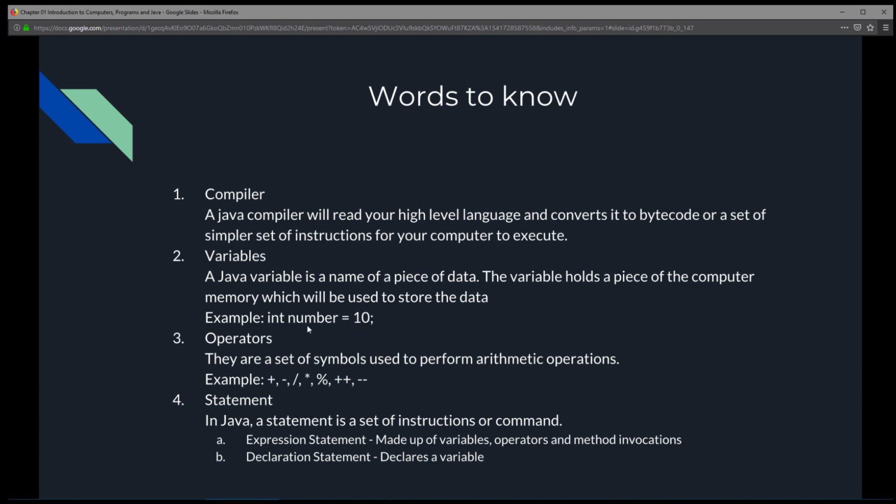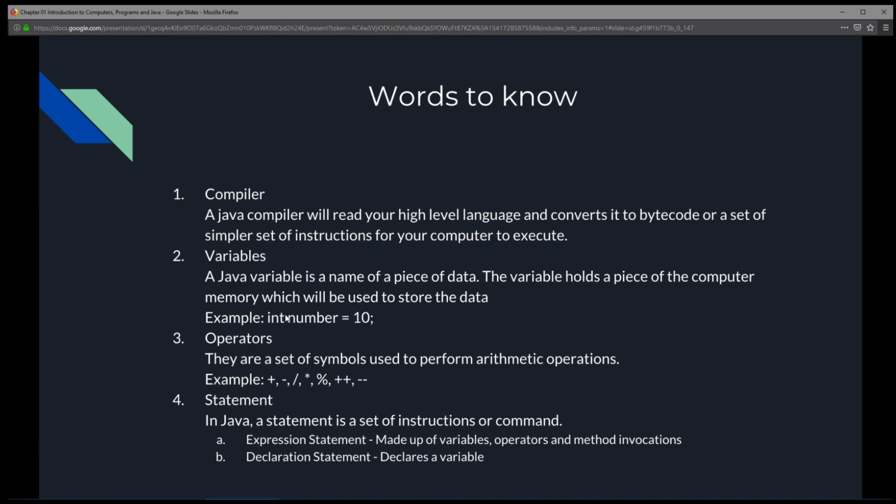So what is this, this number right here? Well, there's no keyword in Java called number. This is a variable. It is a name of a piece of data. So there are quite a few things going on right here. Java is grabbing a piece of data in your computer, and in that memory location, it is storing this value 10.